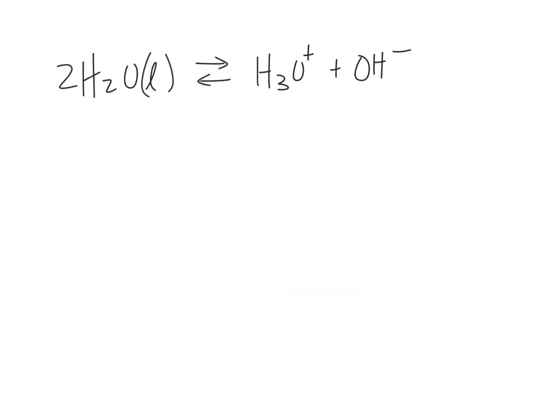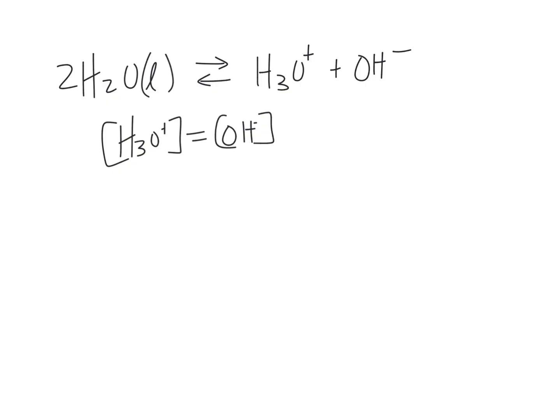Okay, a little bit more on this ever-important relationship, this ever-important equilibrium of the water equilibrium. Remember that we said the hydronium ion is always going to be equal in concentration to the hydroxide ion.